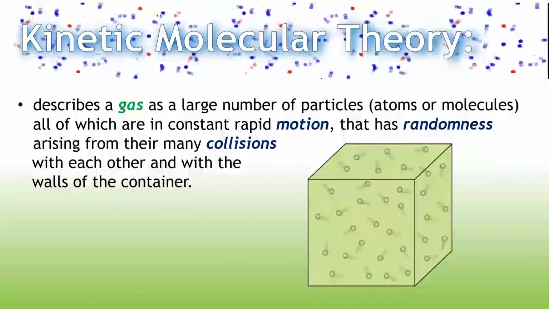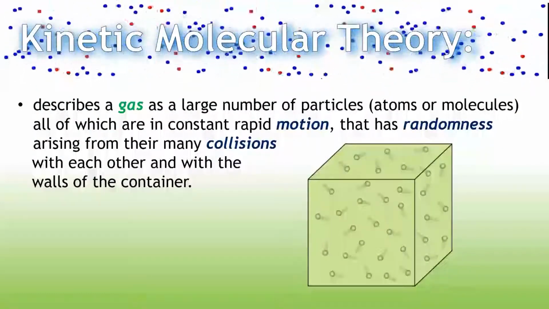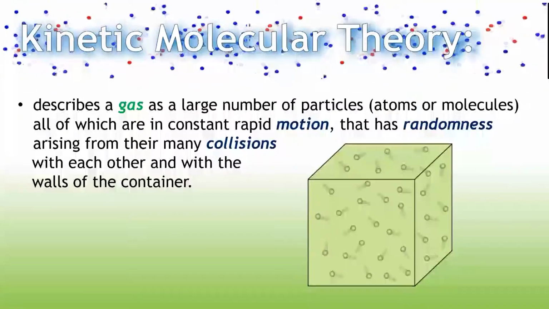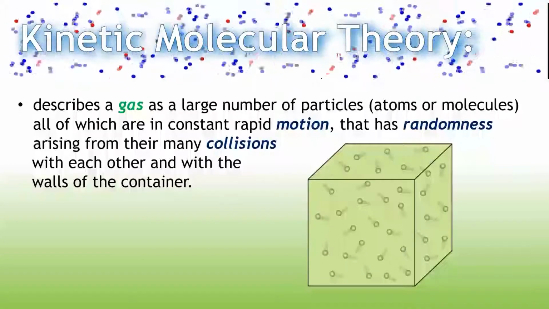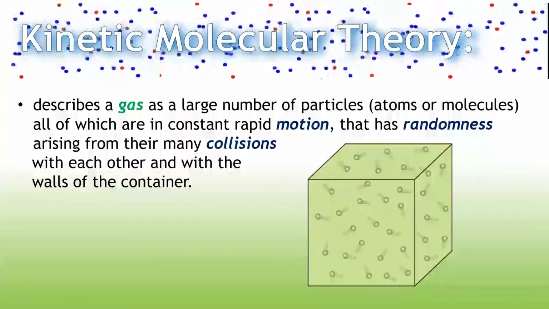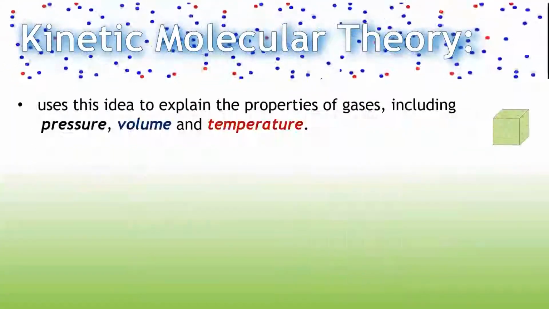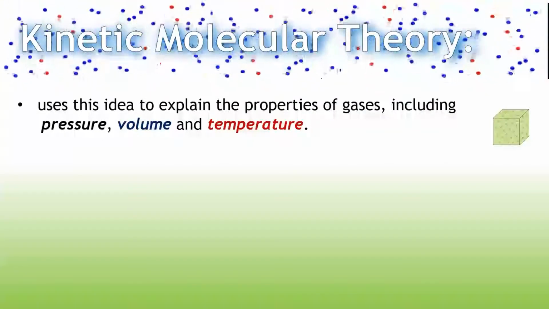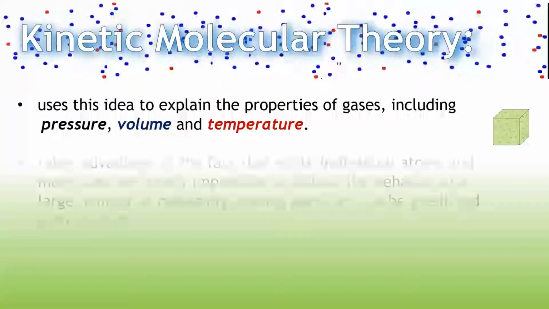It describes a gas, again, as a large number of particles, atoms or molecules, all of which are in constant rapid motion, that has randomness arising from their many collisions with each other and with the walls of the container. Kinetic molecular theory uses this idea to explain the properties of gases, including pressure, volume, and temperature.